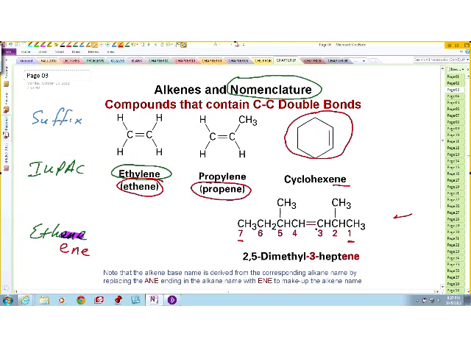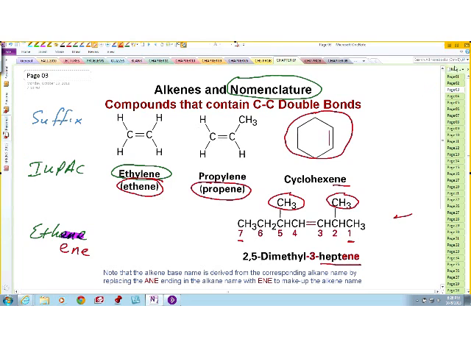And the assumption here is it will be between 3 and 4. Okay? Once you do that, then you give the complete name of the molecule following the rest of the rules of nomenclature. You have a methyl in the 2 position, another methyl in the 5 position. So this becomes 2,5-dimethyl-3-heptene.